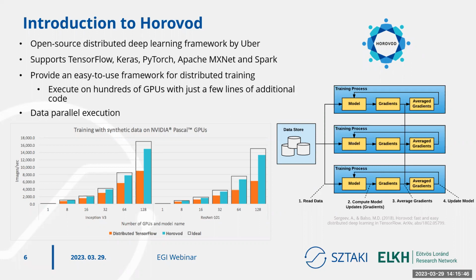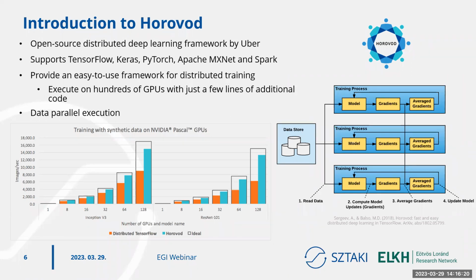It is very important that Horovod utilizes data parallel execution, meaning that we partition the data and train the same model on each of the compute nodes. We can see the graph nicely demonstrating the process on the right side, where we can see the different steps of this training process. Each training process means a separate GPU. And all these training processes access a different part of the training dataset.